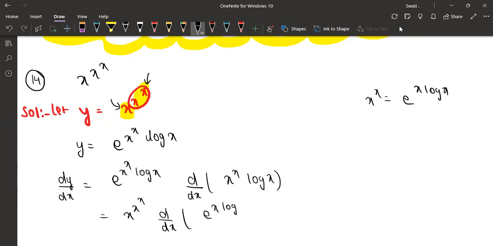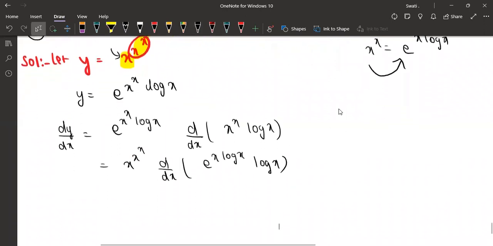So I can just write down this x raised to x as e raised to x log x. So here writing these, like x raised to x raised to x, in terms of this particular formula is very, very important. So e raised to x log x, and this log x I'm writing as it is. Now we will apply the formula of product.